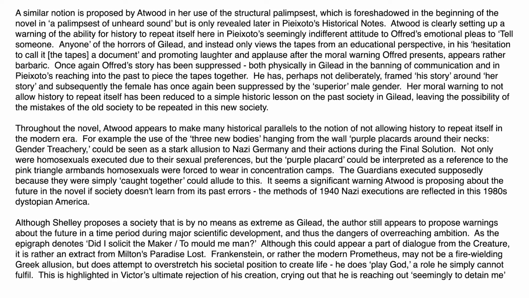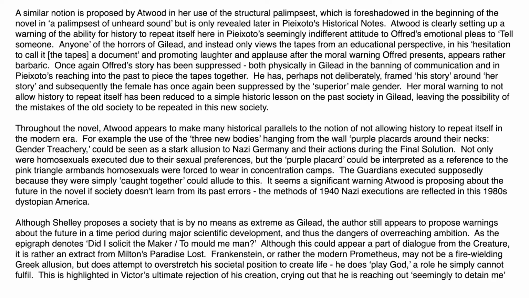Throughout the novel, Atwood appears to make many historical parallels to the notion of not allowing history to repeat itself in the modern era. For example, the use of the three new bodies hanging from the wall, purple placards around their necks, gender traitors, could be seen as a stark allusion to Nazi Germany and their actions during the final solution.